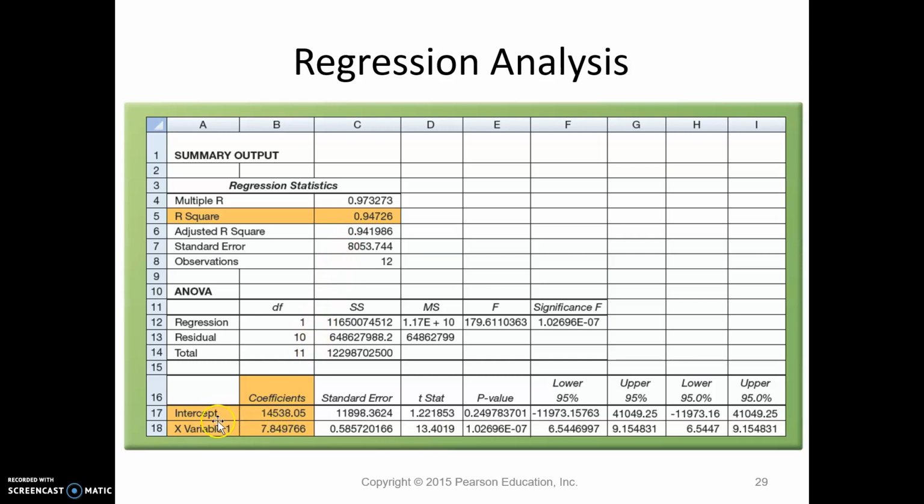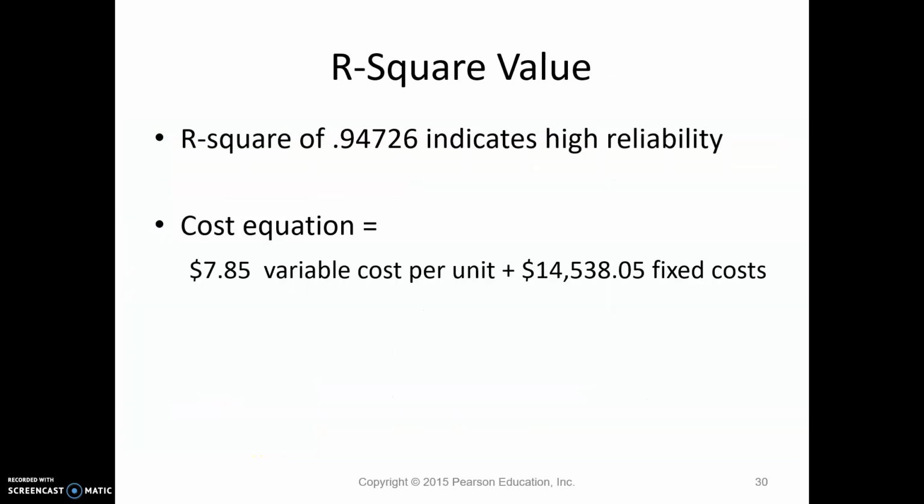Under intercept, this will tell you the fixed cost piece. And the X variable one would be the variable cost per unit. So we can see that our mixed cost formula would be $7.85 per unit plus $14,538 in fixed costs.